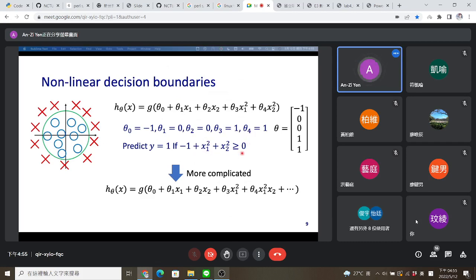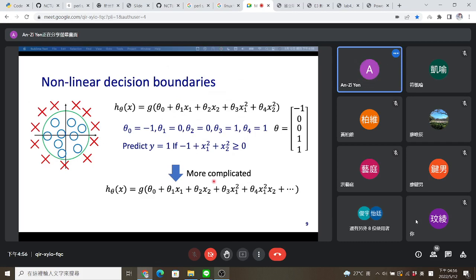And if we make our equation more complicated, adding more features into these equations, then we can have a more complicated model and end up having more complex decision boundaries.